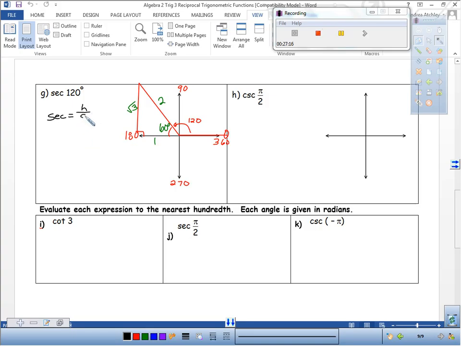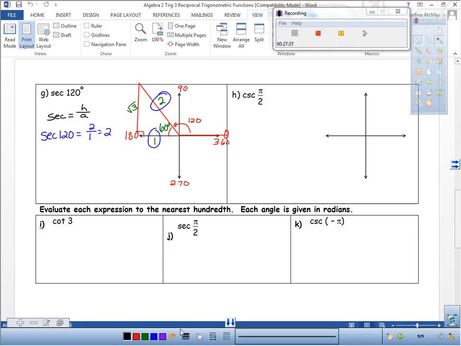Hypotenuse over adjacent. It goes with cosine, so it's the adjacent side. So I need this one and this one. So the secant of 120 equals my hypotenuse of 2 over my adjacent of 1, which is 2.